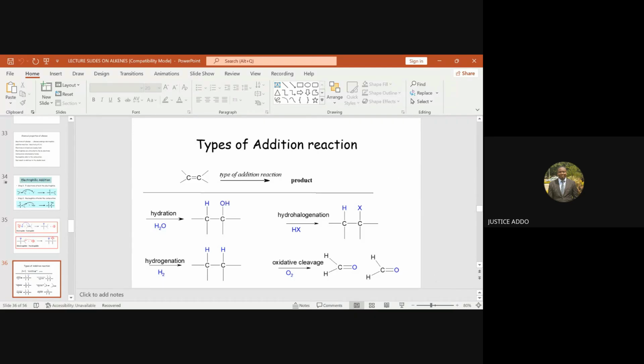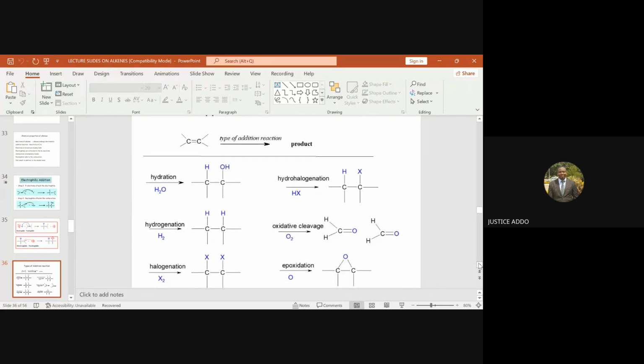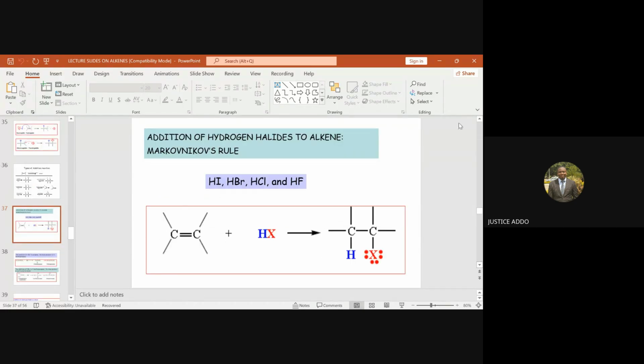And the common ones are hydration of alkenes to form alcohol, hydrohalogenation of alkenes to form alkyl halides, hydrogenation of alkenes to form alkanes, oxidative cleavage to form carbonyl compounds, epoxidation, and halogenation.